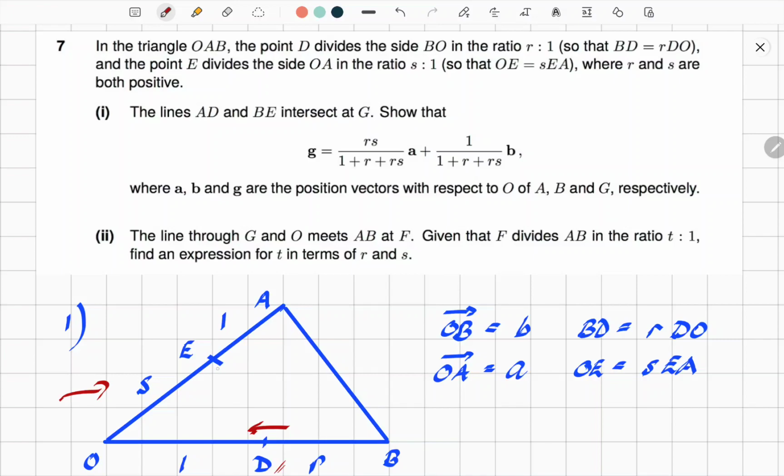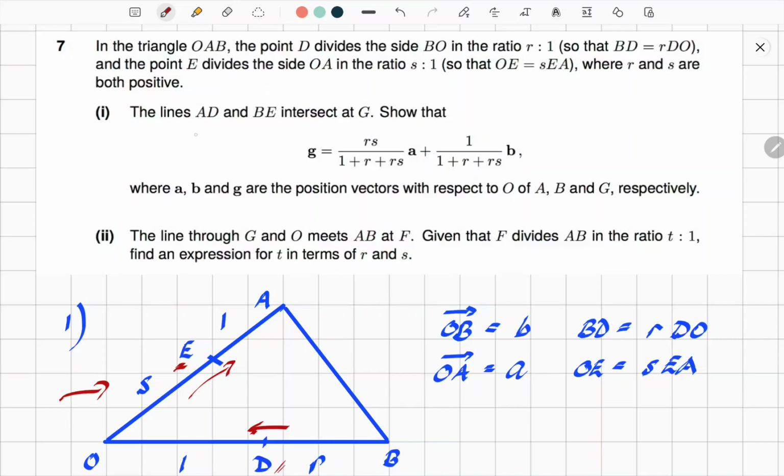And the point E divides side OA in that direction in the ratio S to 1, where R and S are both positive, so nothing negative in those.